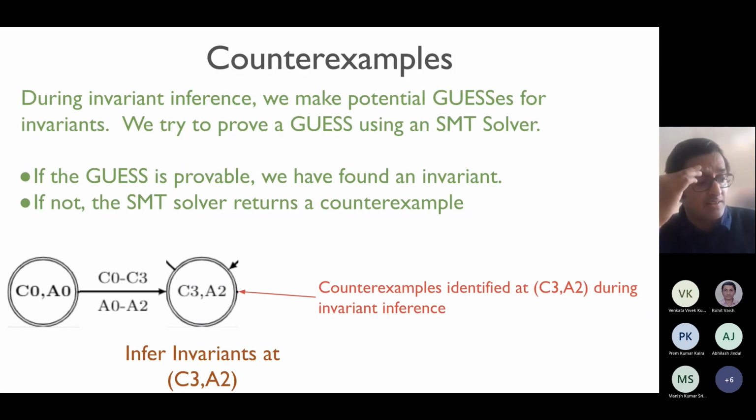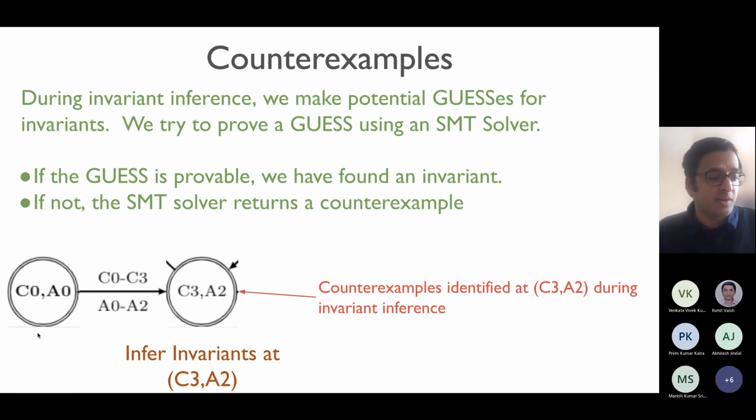The central idea is that we use in our algorithm the idea of counterexamples. During invariant inference, we make potential guesses for a potential invariant. We then check a guess by trying to prove that it holds on the incoming edges. If it holds on all incoming edges, then we have found an invariant.